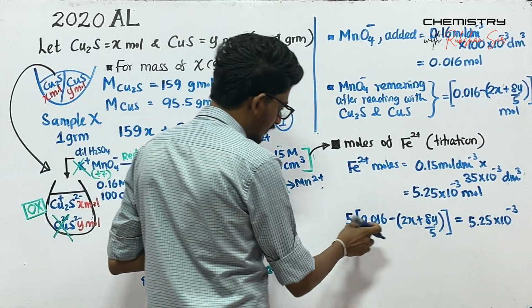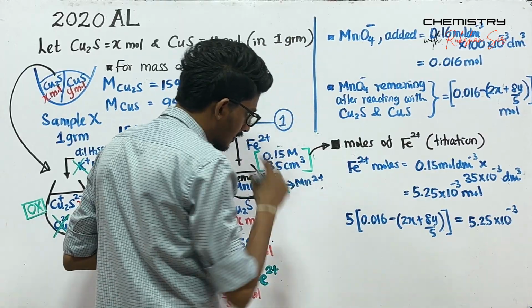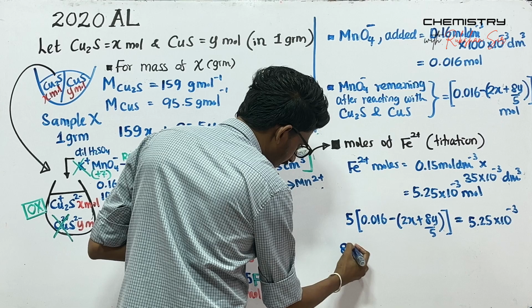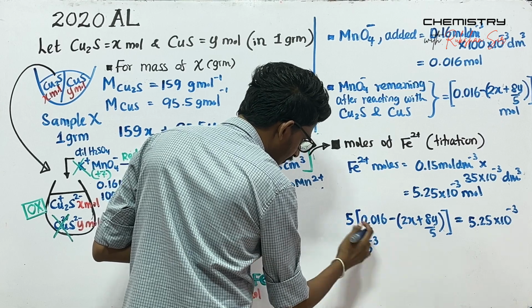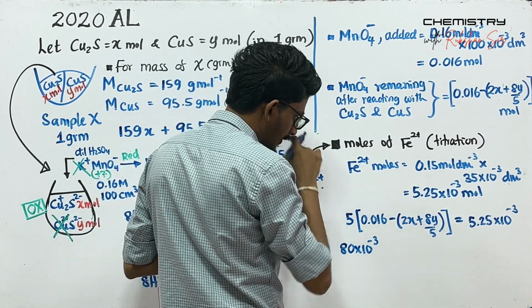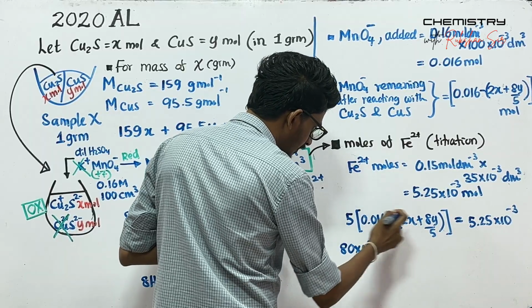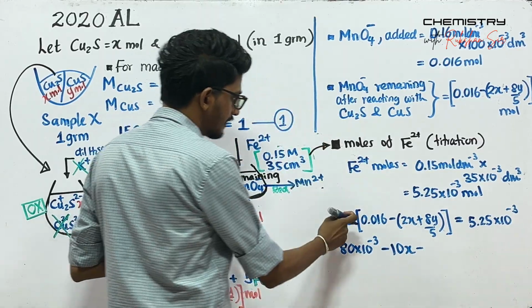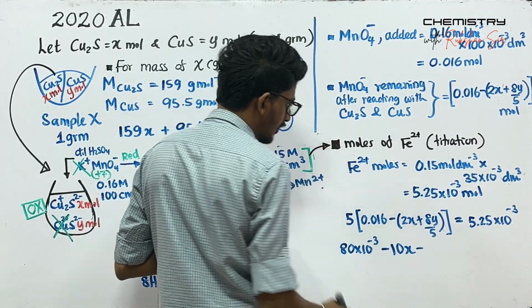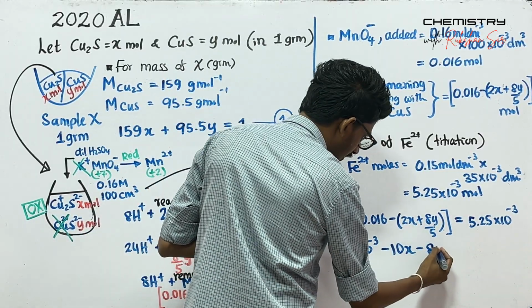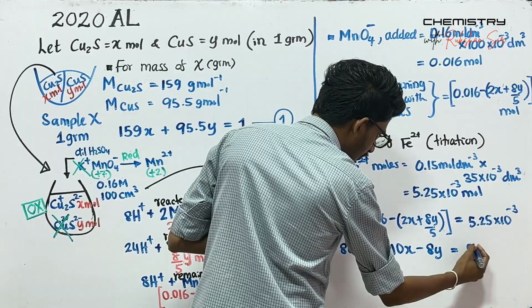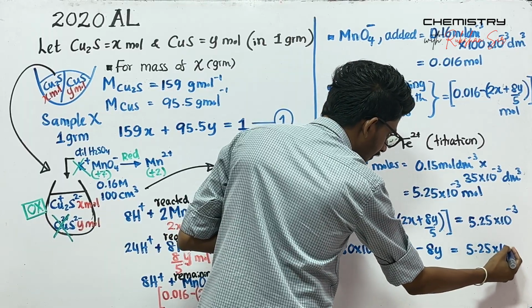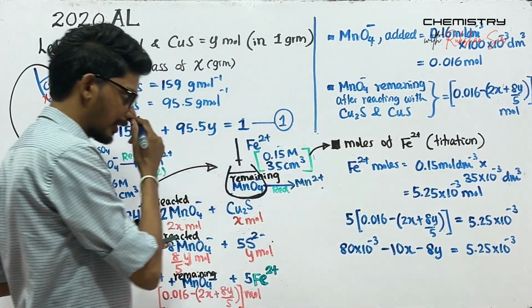So here it is 5 into 16 is 80. So one can write 18 to the minus 3 from these two, right? Minus this into this 10x minus this into this. The 5 will cancel off. That will give you 8y as 5.25 into 10 to the power minus 3, right?